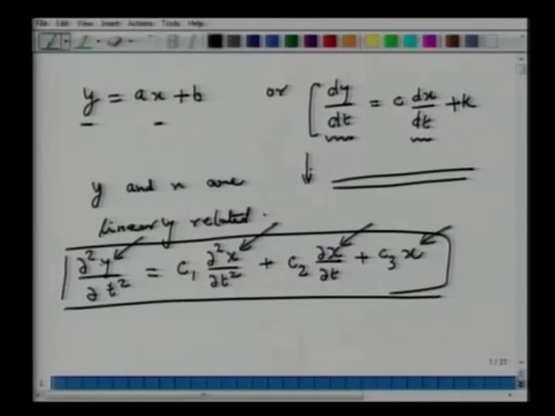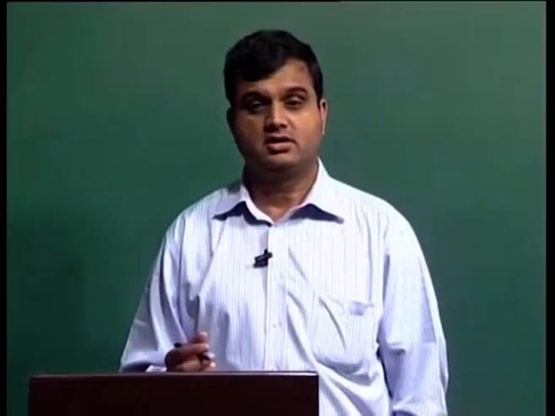So you can say that this is a linear relation between x and y, because x and y are on opposite sides of the equivalence sign, and both the power of x and the power of y are 1. Even though you have higher order differentials, the relationship can still be linear if the powers of the variables are 1 and they are on opposite sides of the equivalence sign.